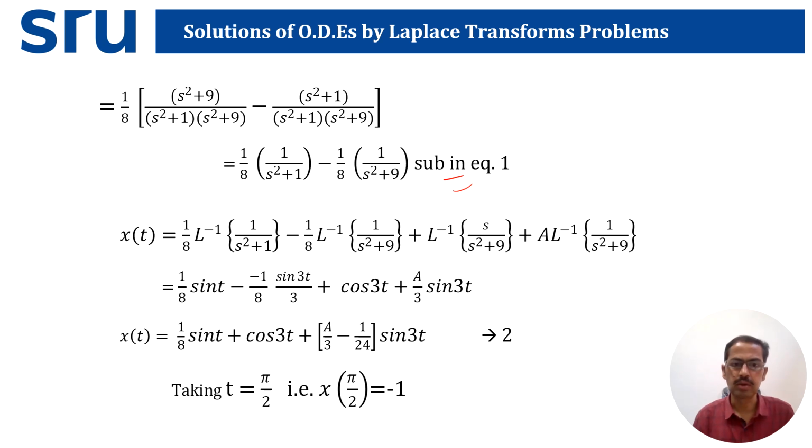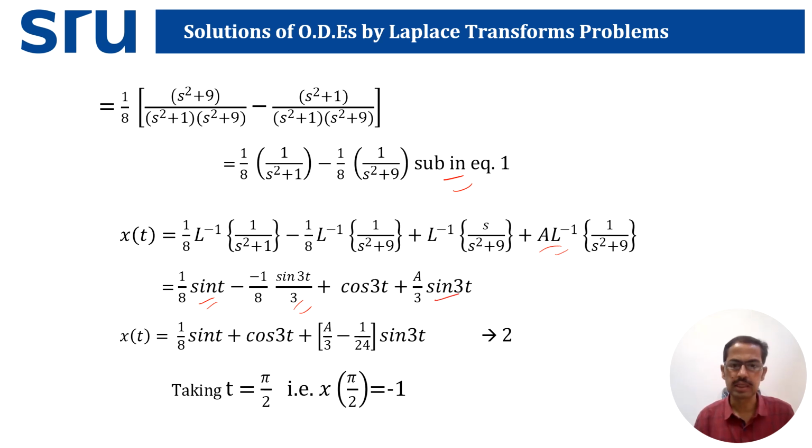Substitute in equation number 1. So then 1 by 8 inverse Laplace transform of this, 1 by 8 inverse Laplace transform of this, like this. Now this is sin t, this is minus 1 by 8 sin 3t by 3, this is cos 3t, and this is a sin 3t by 3.